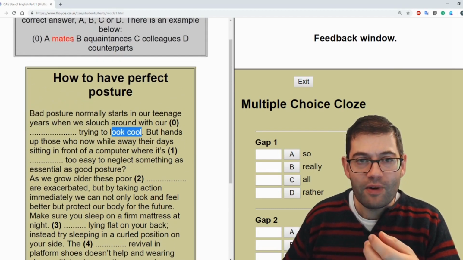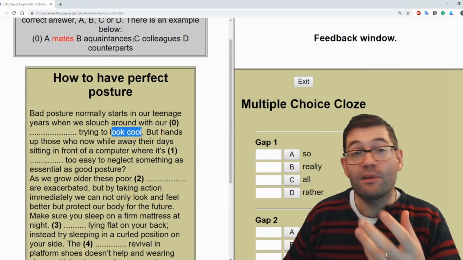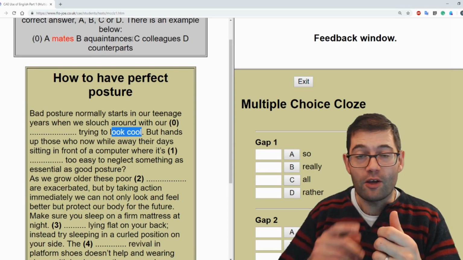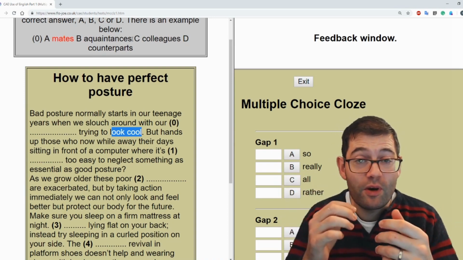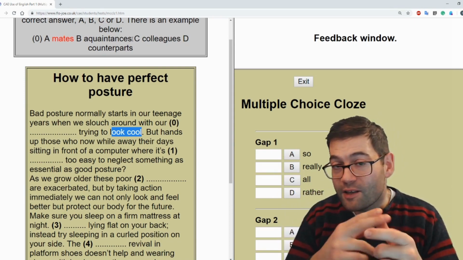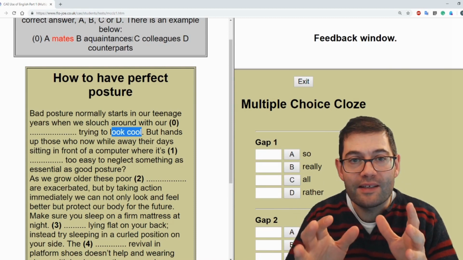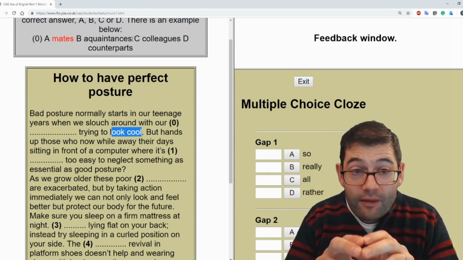Mates is informal language for your, let's say, good friends. Acquaintances are just people that you know. You know that they exist. You've met them once, perhaps twice. You know who they are. You don't know if you like them or don't like them. It's not important. Acquaintances is just people that you know. Colleagues, people that you work with.